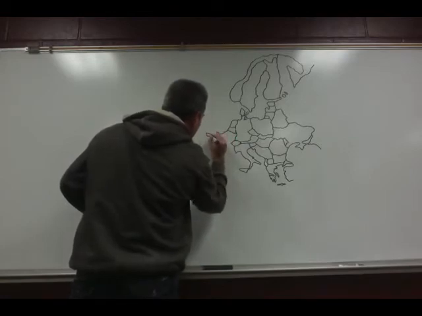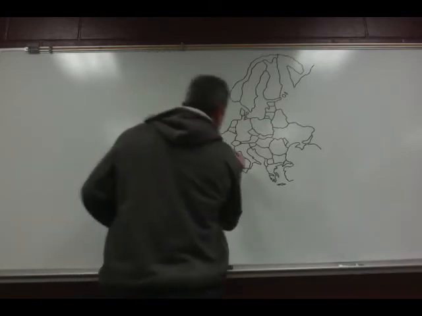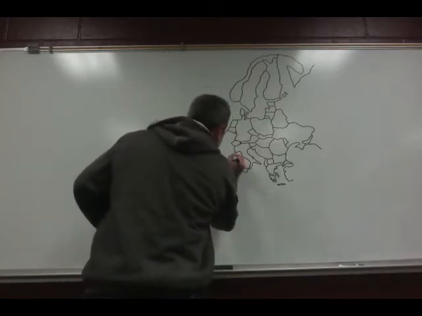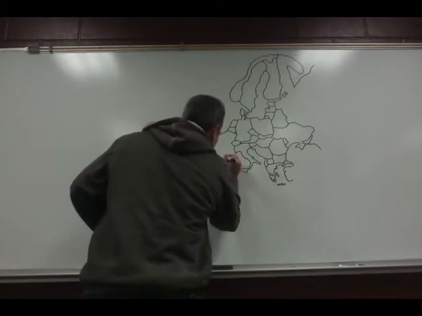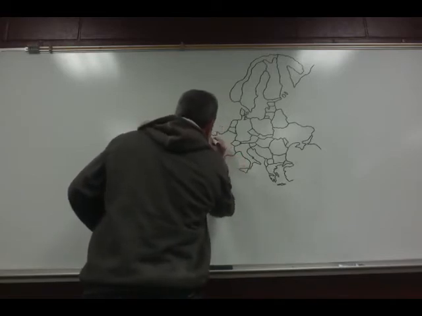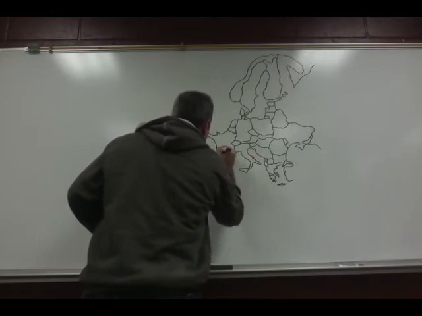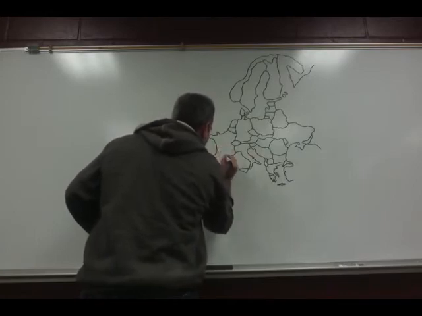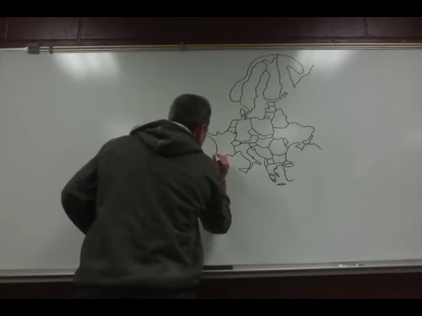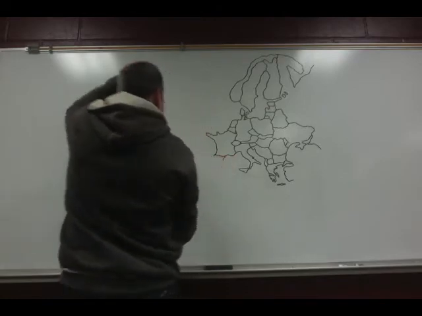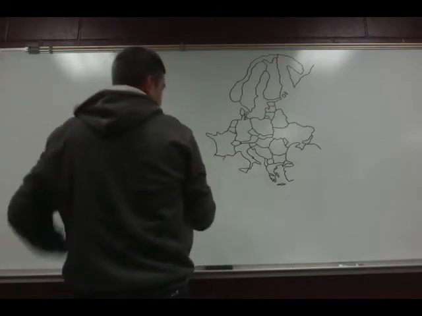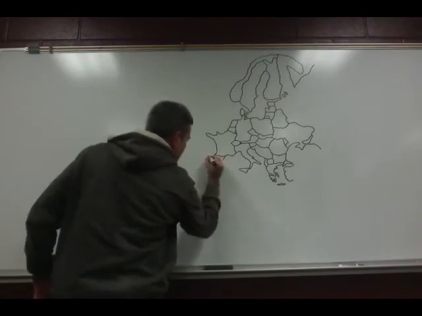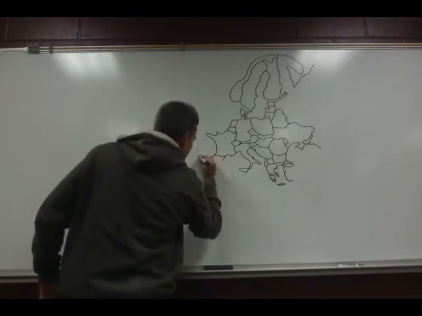And the coast. But before I do the west coast, I want to do the south of France, because it goes into Spain, so now I know how far I need to go with the west coast. And the Pyrenees right here. So now I know how I need to approach the Iberian Peninsula like this.